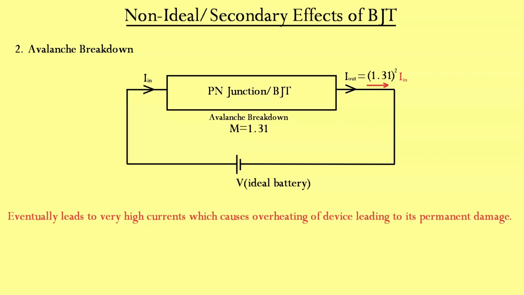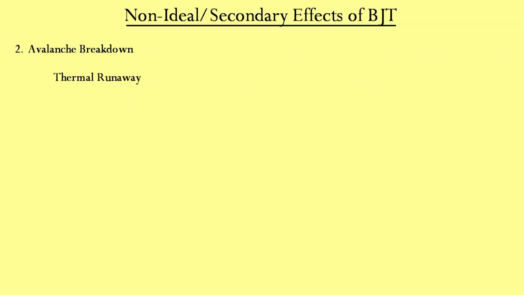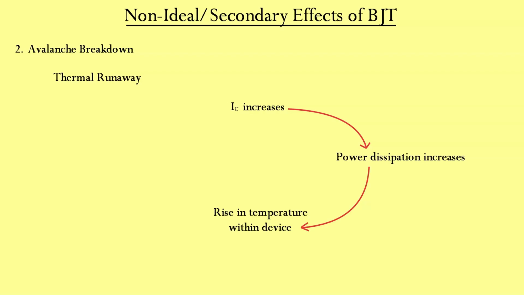There is another term, thermal runaway, which is closely related to avalanche breakdown. Even though it is a common phenomenon that can happen in a variety of electrical devices, even in batteries, we will take reference of BJT. Suppose that collector current increases. It will lead to increase in power dissipation, which will result in rise of temperature within the device.